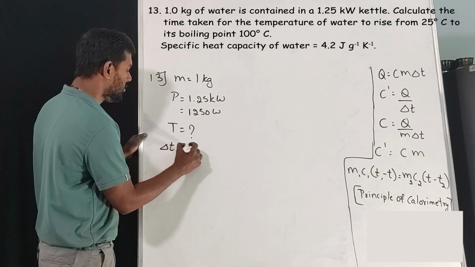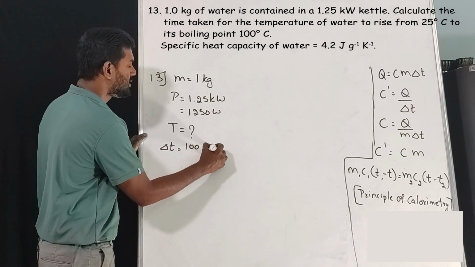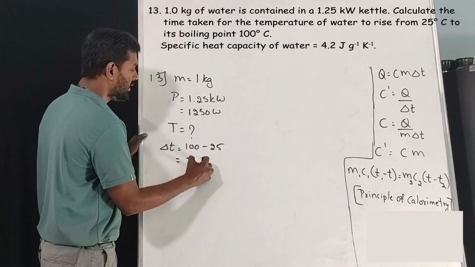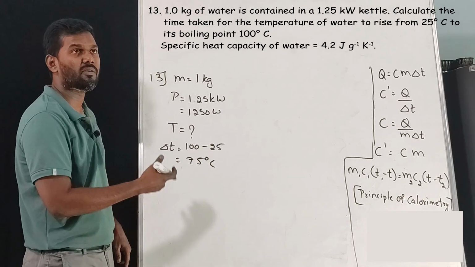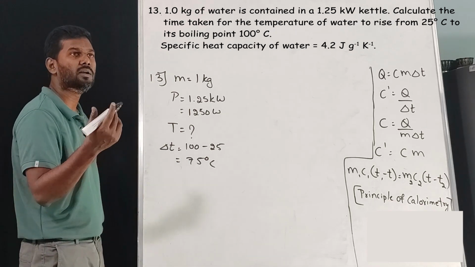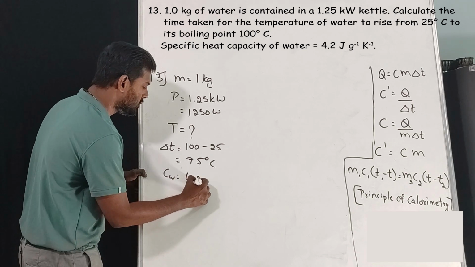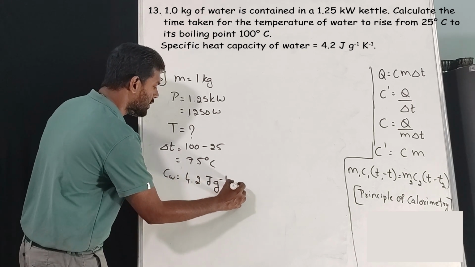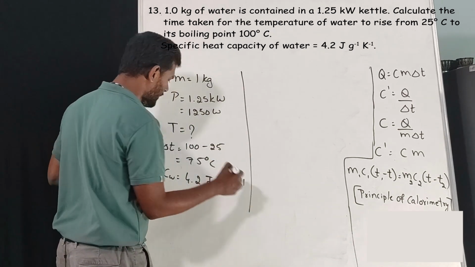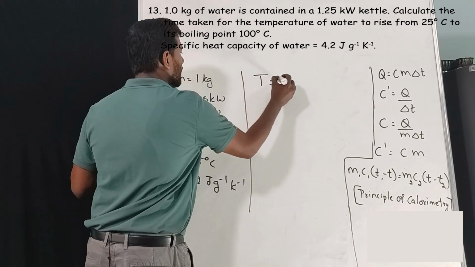So delta T is equal to 100 minus 25, that is 75 degrees Celsius or 75 Kelvin, anything is fine. And CW is given, that is 4.2 joules per gram per Kelvin, correct? So we need to find capital T.